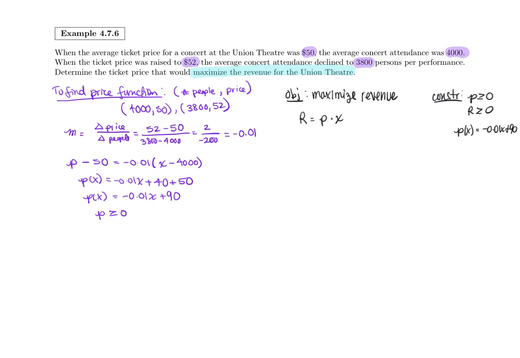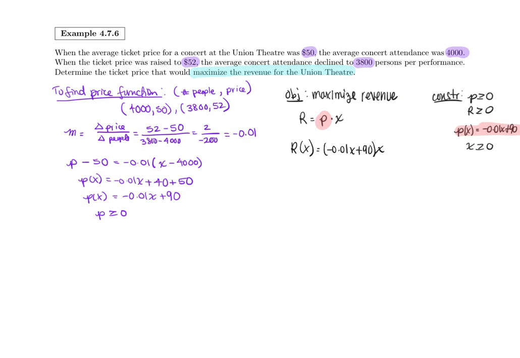So this just made our problem a lot simpler, especially compared to some of the other problems we've done. Because now we can replace this P of X with this P of X, and we can make our revenue be in terms of only X. So it's equal to our price, which is negative 0.01X plus 90, times our number of people coming to the concert, which is the same as the number of tickets sold, X. And while we're at it, we would assume that X is also going to be a positive number.